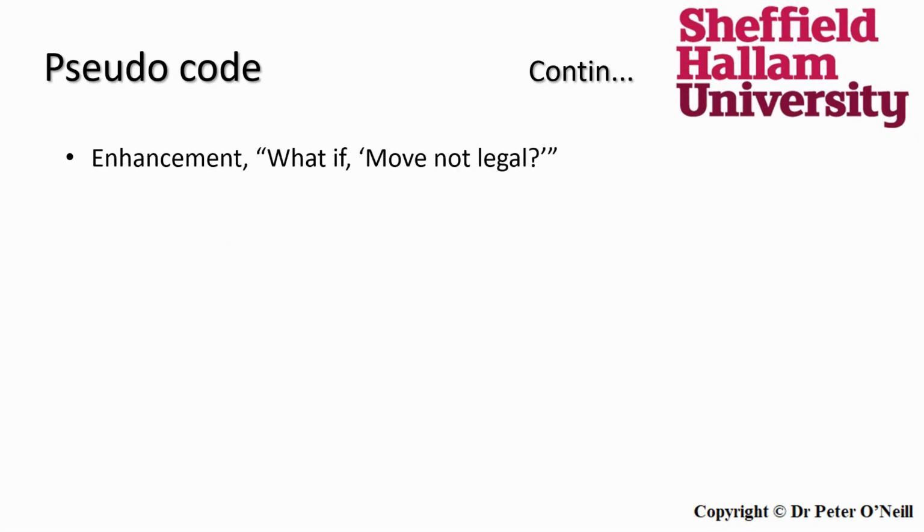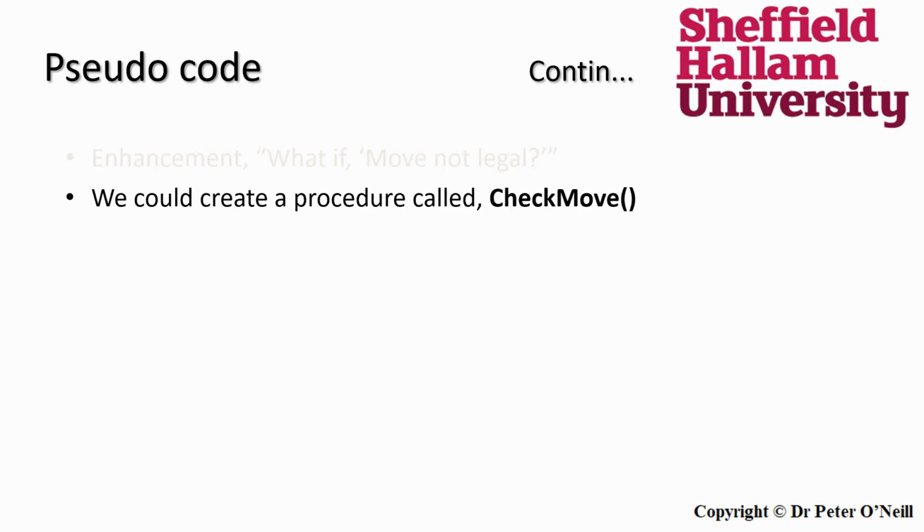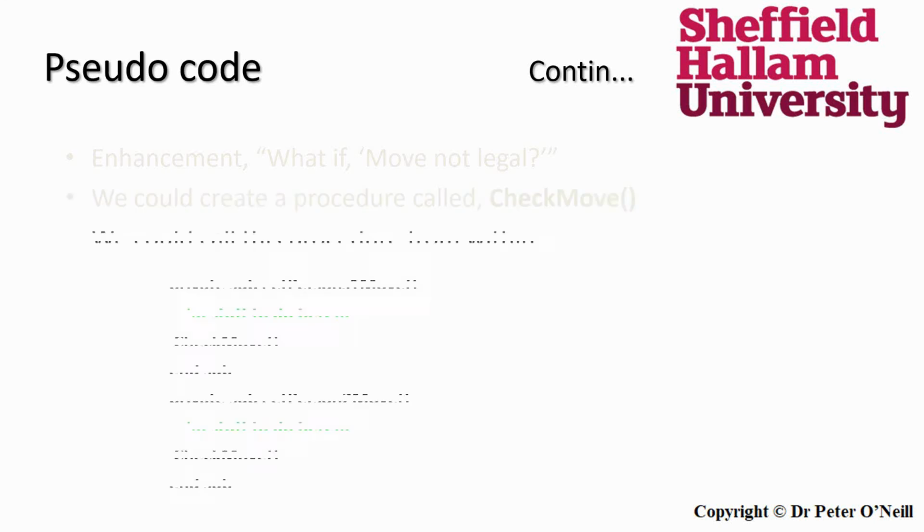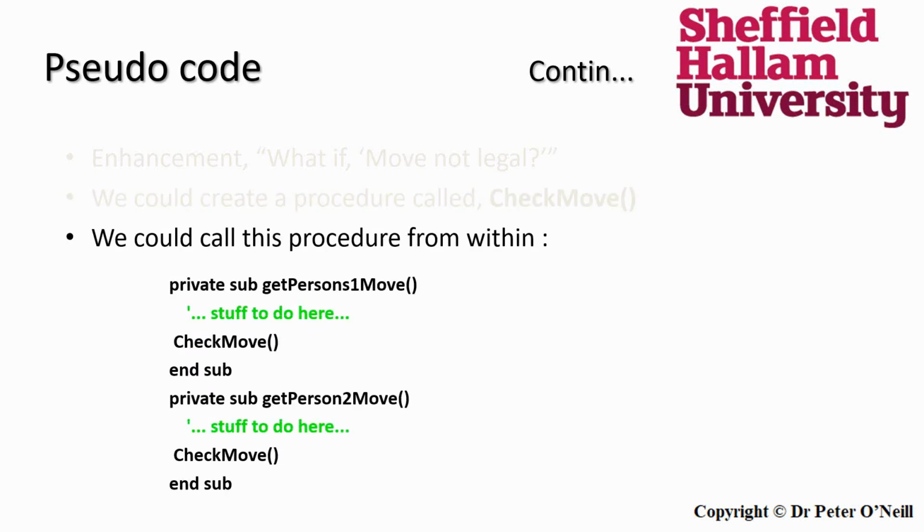So we can also have other things like, what if move is illegal? In other words, if I've already selected that box, I can't select it again. So we could create a procedure called check move. We could call this procedure from within our other procedures or methods. So get person move also now checks move before it changes it.